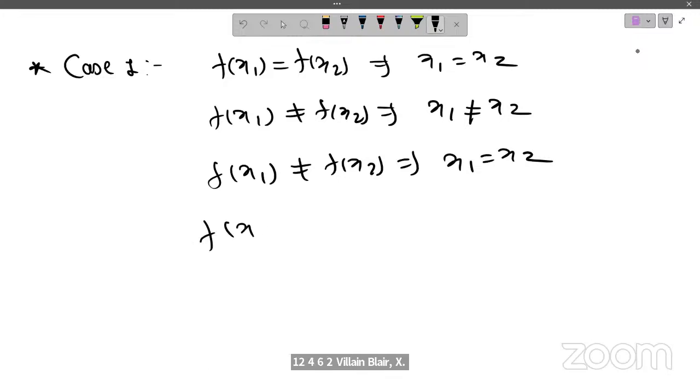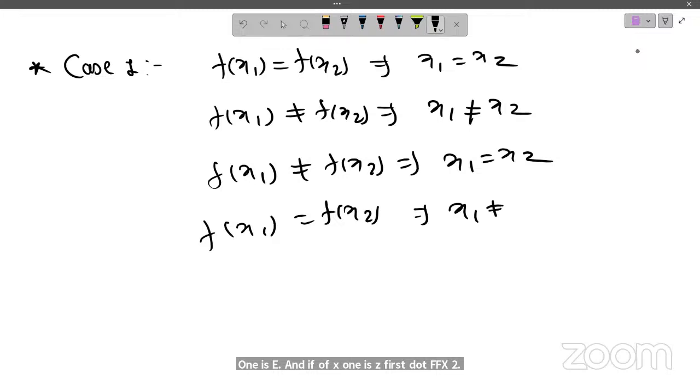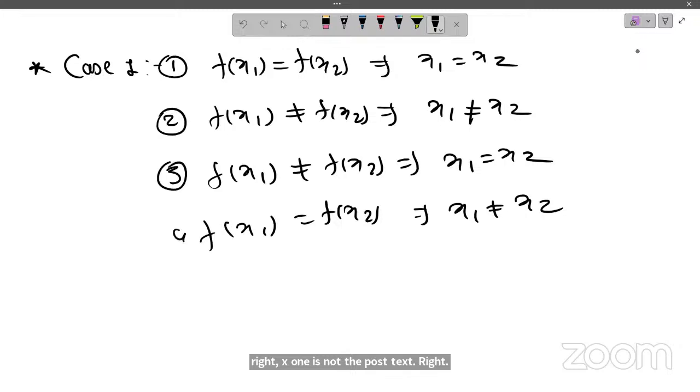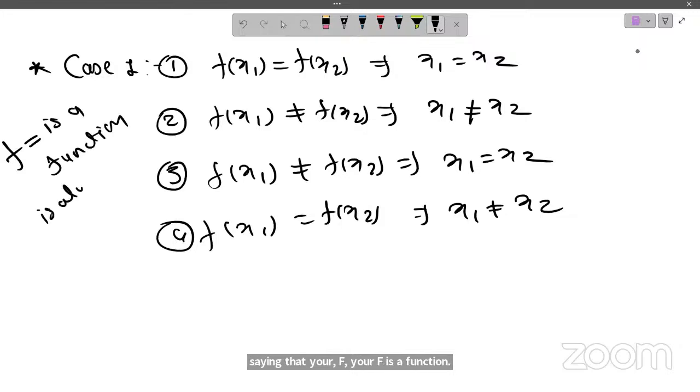And fourth: f of x1 is equal to f of x2 will imply x1 is not equal to x2, right? I'm giving you these four options, and I'm saying that f is a function. Then which option is always true?